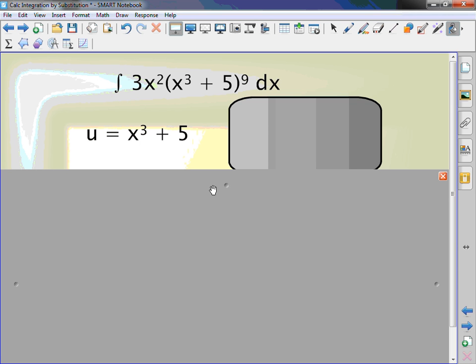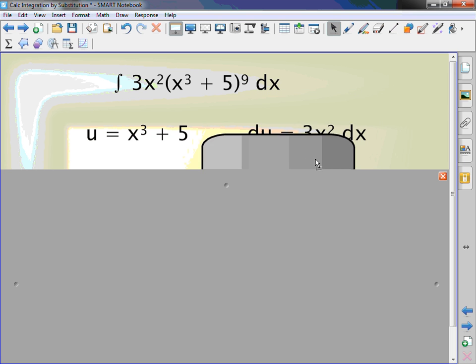Can't make all of it u. 3x squared? If I had a 3x squared, that would be u, then this. Usually take what's inside of the parentheses. Make that u. What's the derivative of that? 3x squared.